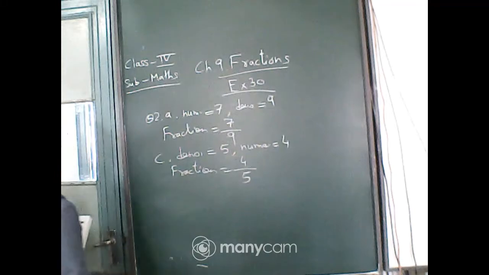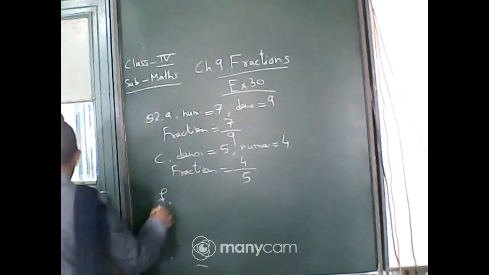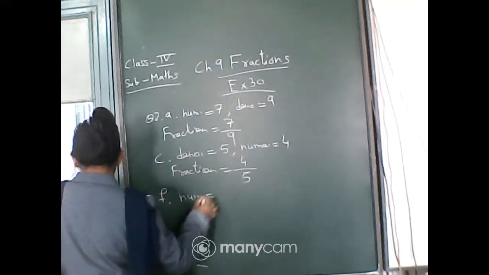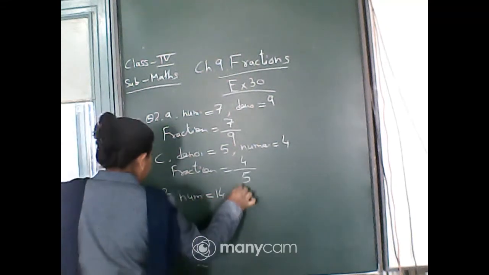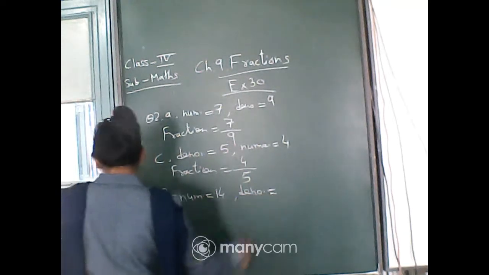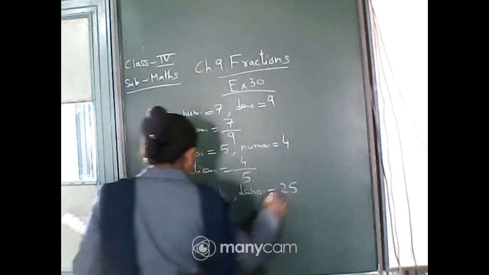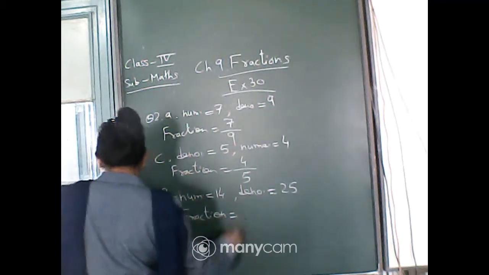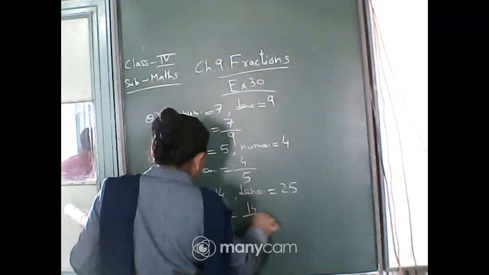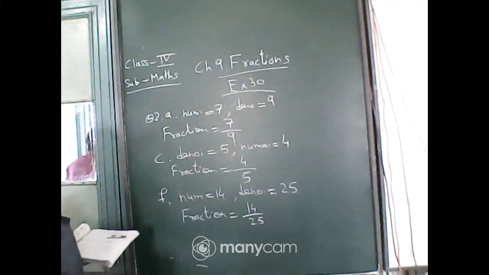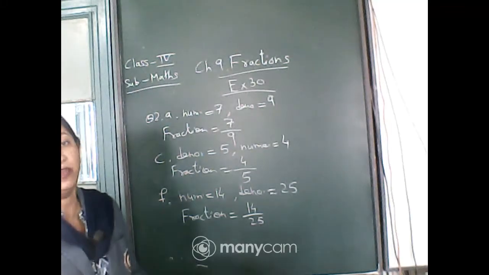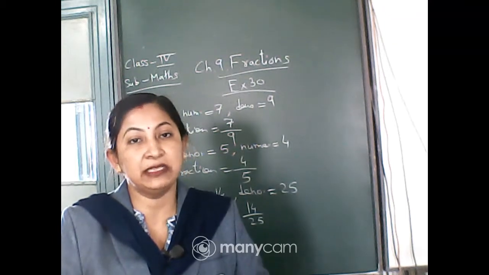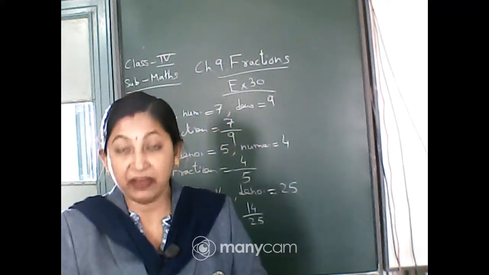Suppose I am doing number F. Number F, numerator is given 14 and denominator is given 25. So the fraction will be 14 by 25. Okay. This way, when the numerator and denominator are given, you can write the fraction, and when the fraction is given, you can write the numerator and denominator. Okay. This is happening in fractions only.